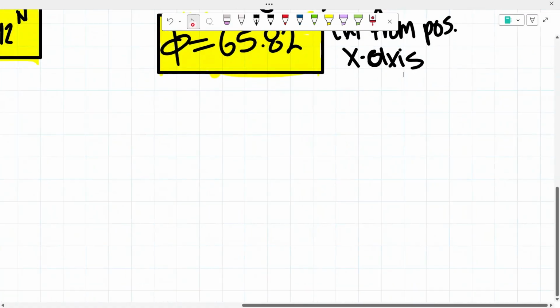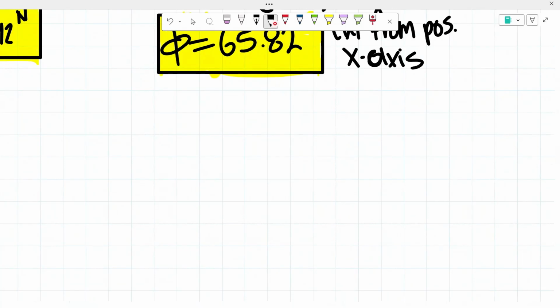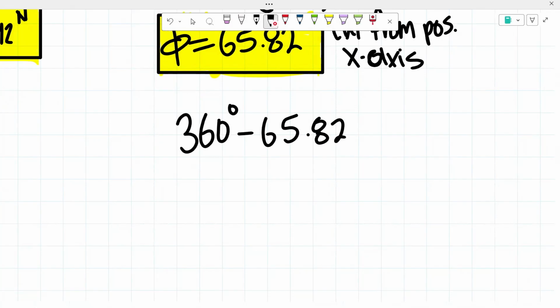we call that angle phi. So to find theta, which is the answer that you're trying to find, going counterclockwise from the positive x-axis, what you would do is you would take 360 degrees and subtract that angle that you found, giving you an angle of 294.17 degrees.